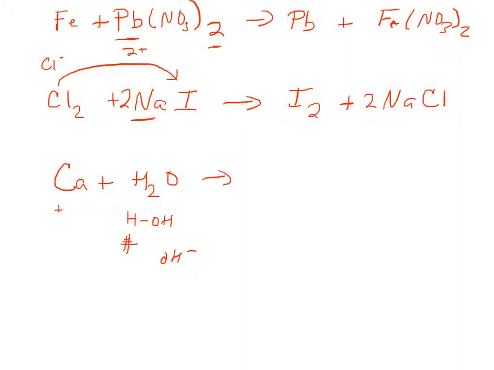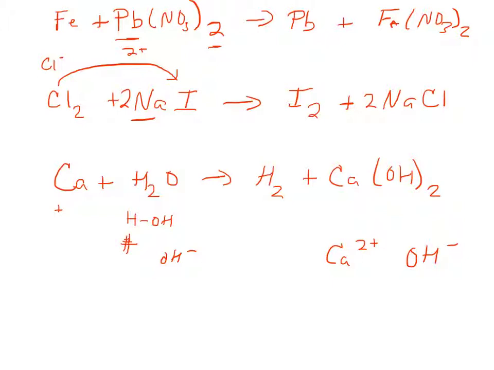So what we're going to get is some hydrogen. And then we're going to get calcium and hydroxide. Now, calcium is 2 plus. Hydroxide is 1 minus, so it goes together like that, and that's our formula.